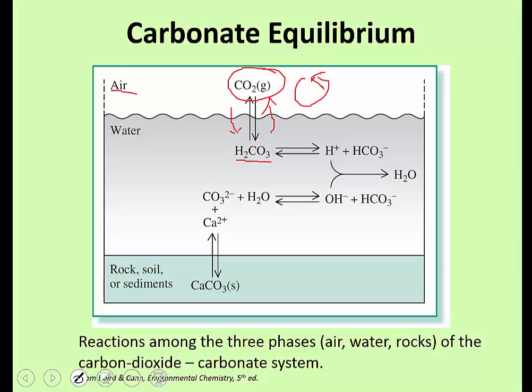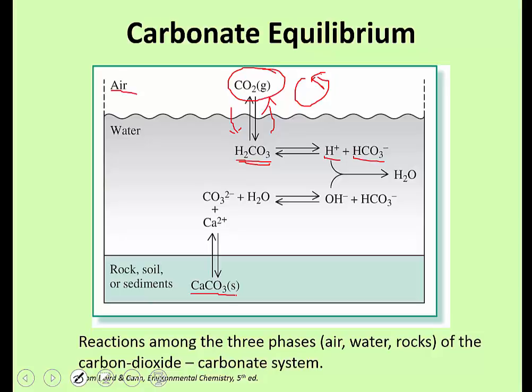All right, but once we get that carbonic acid dissolved in the water, that can also enter an equilibrium where it deprotonates. So we get one acid proton coming off, and we get our hydrogen carbonate. Now, if we go down to the bottom and we look at our substrata, rock, soil, sediments, anything that contains calcium.